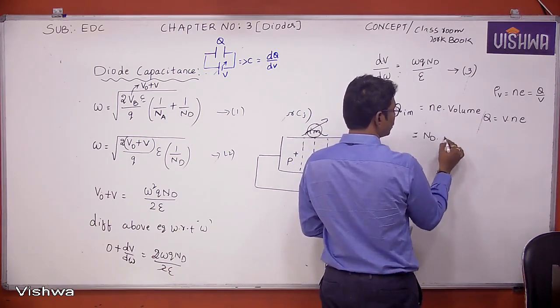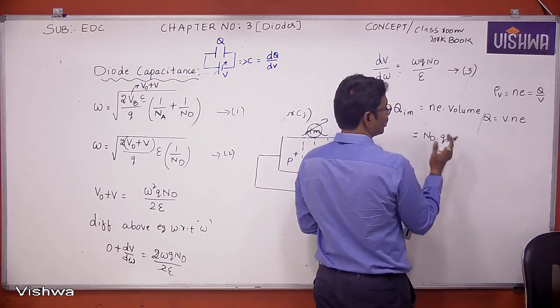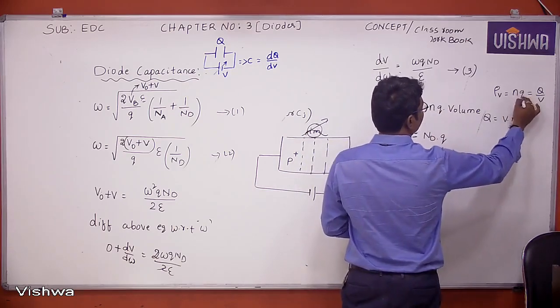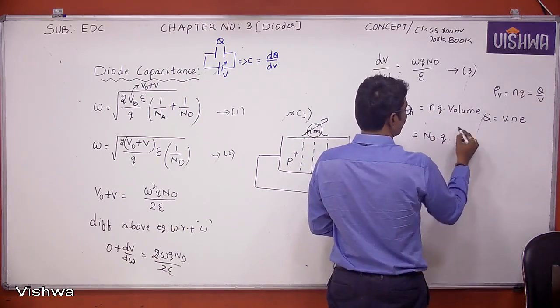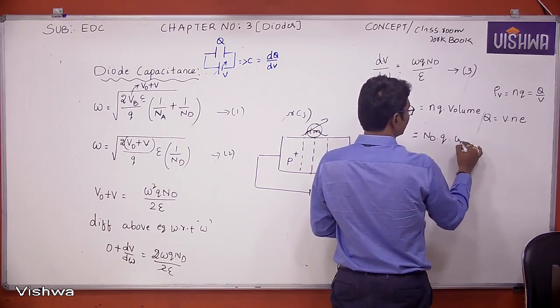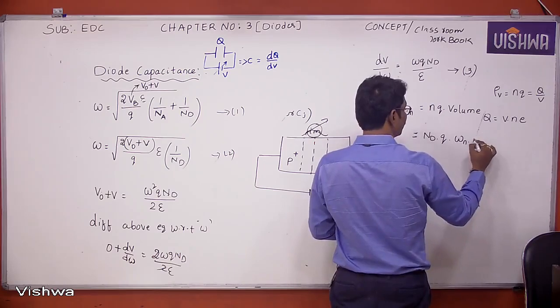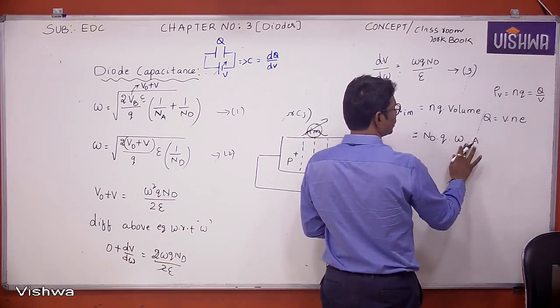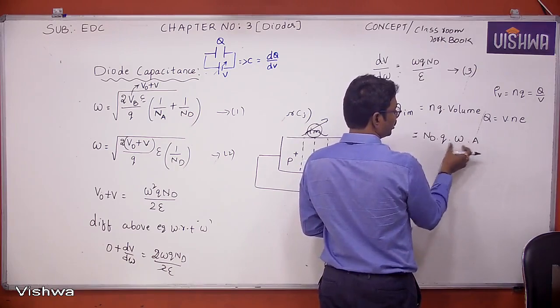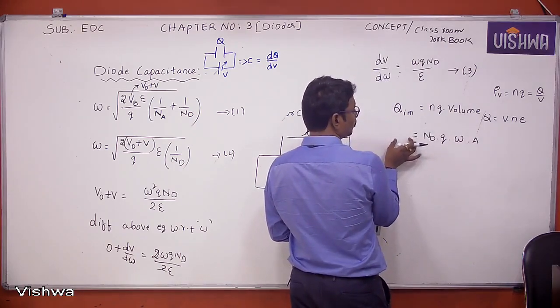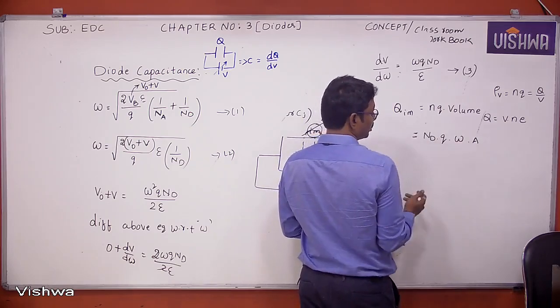E is the charge of electron, which we can also represent as Q. And volume is W into A, width into area. This is the amount of immobile charge present in a depletion region.